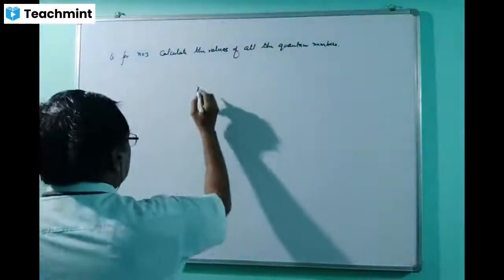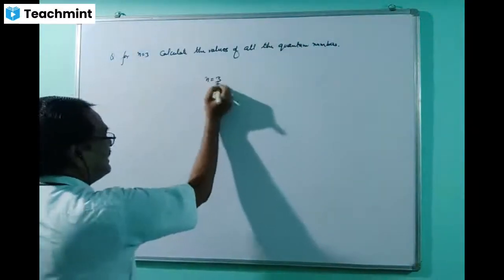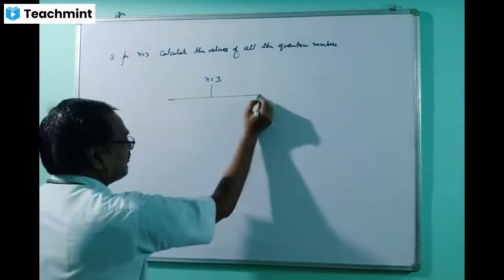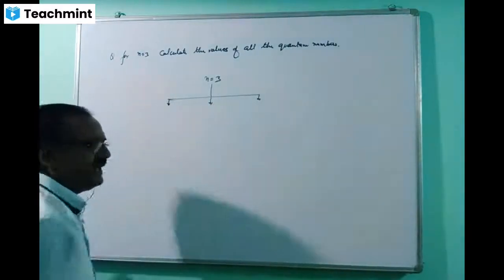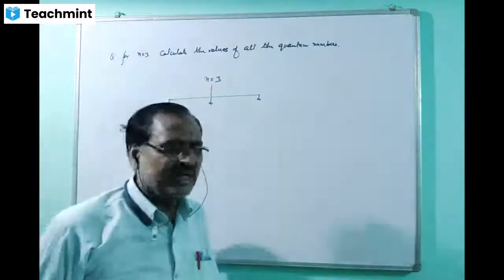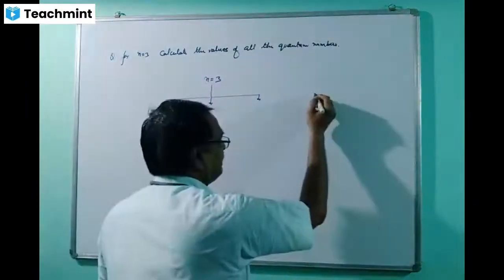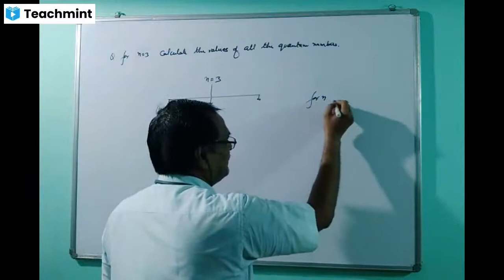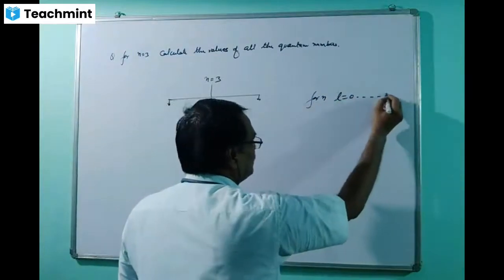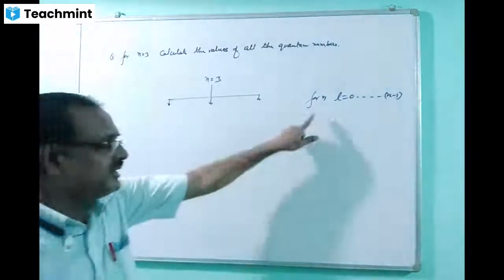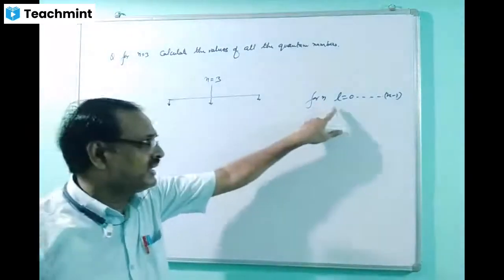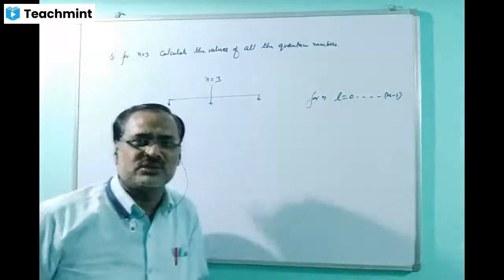So just you see, I will make one chart here. n is equal to 3. What is the value of l? How can you calculate? Just remember the formula. For n, l is equal to 0 to n minus 1. Do you remember this formula?